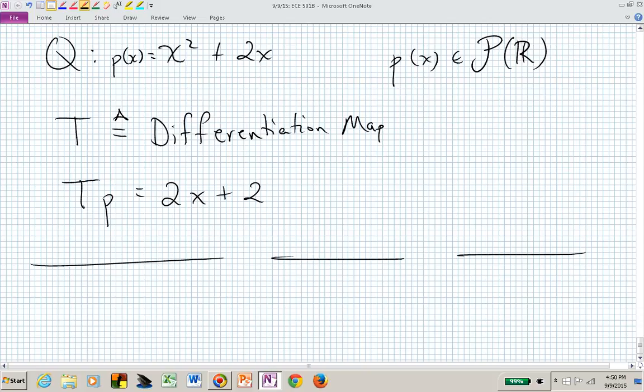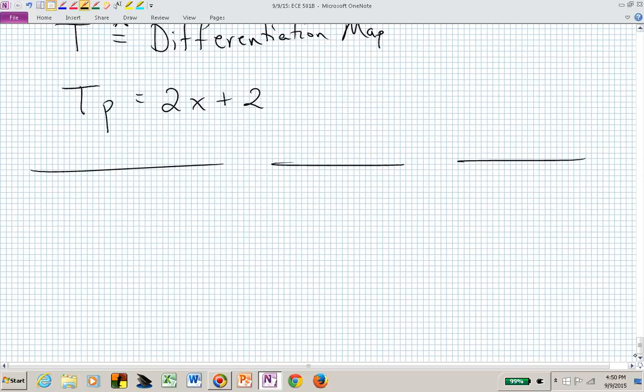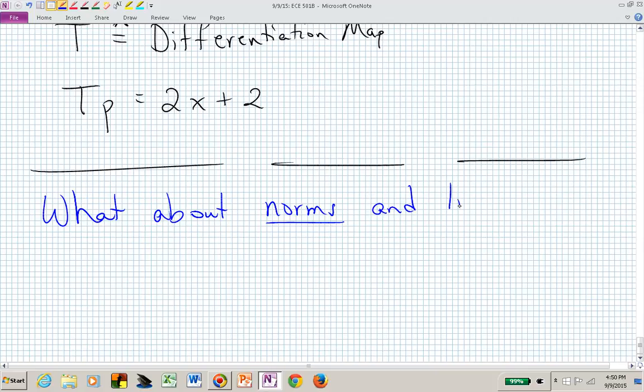Now, let's get into using something that we aren't yet going to define. Well, we'll define it, but we won't talk about it too much. But can I be any more unclear? Let's look at norms and this linearity property.